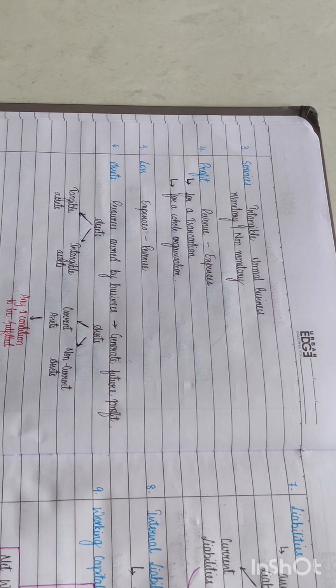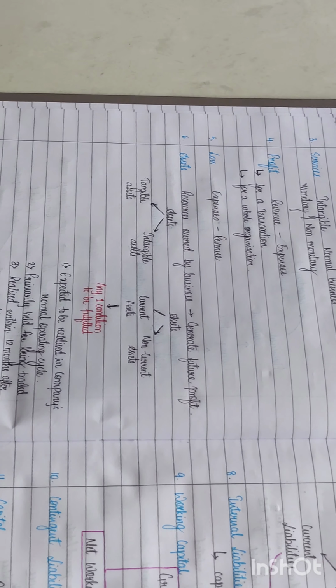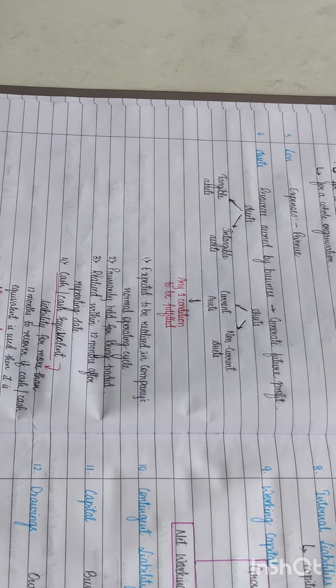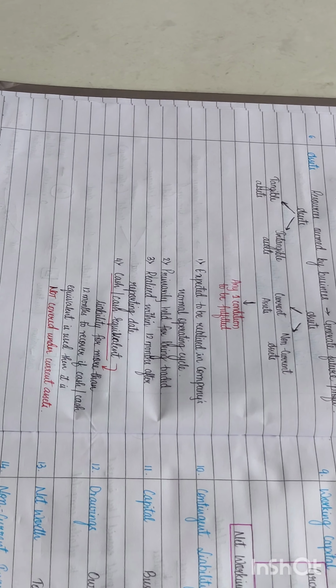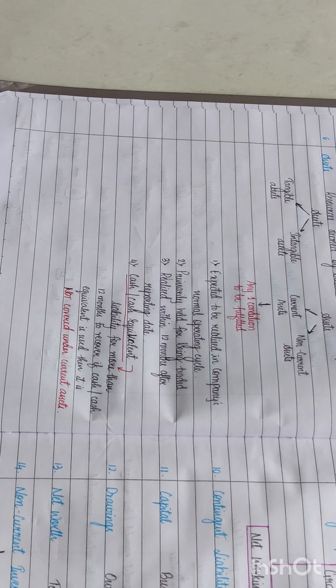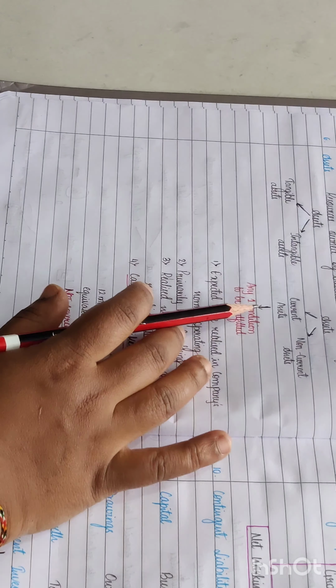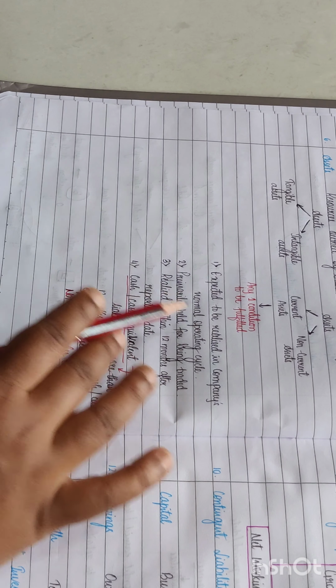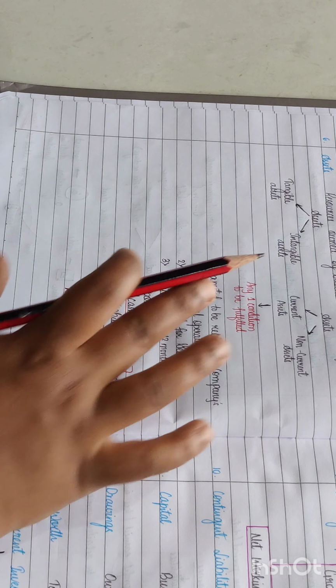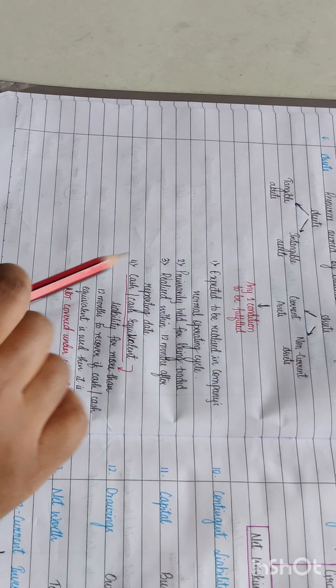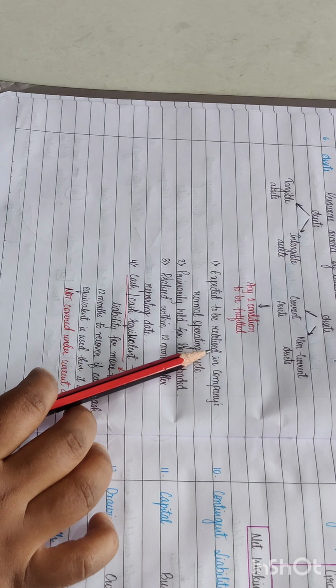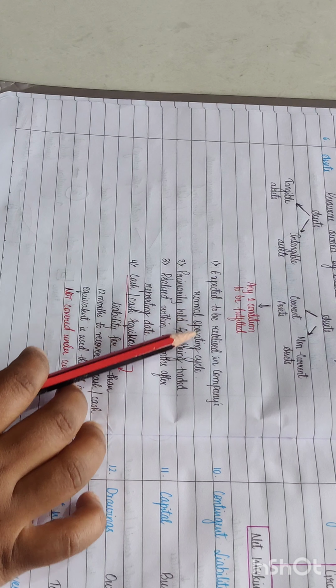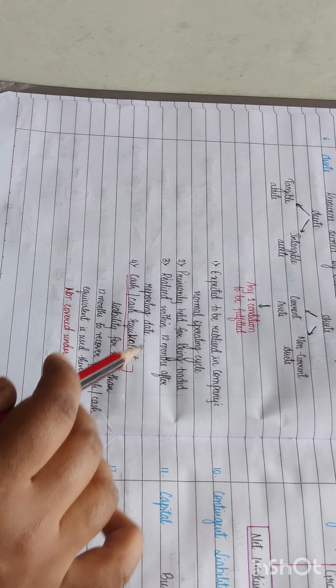So assets are current assets and non-current assets. For current assets, there are 4 conditions, and you have to fulfill any one condition of them. Expected to be realized in the company's normal operating cycle.